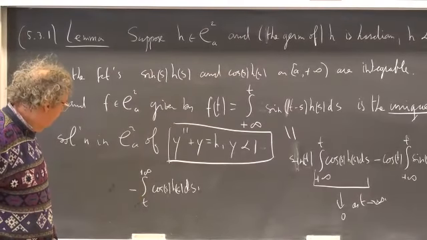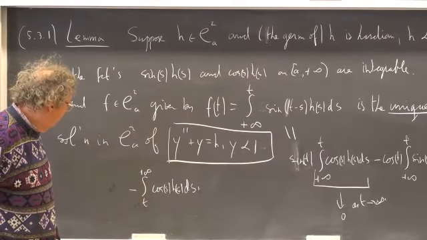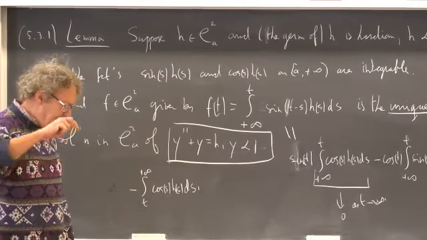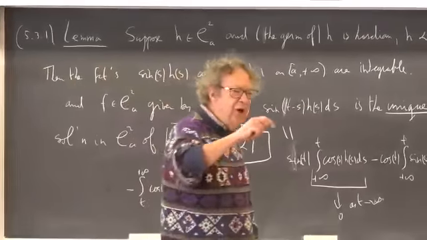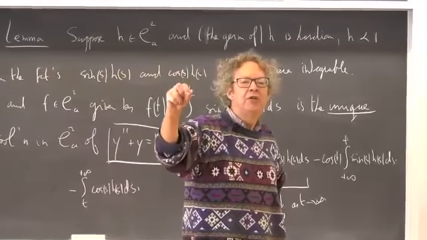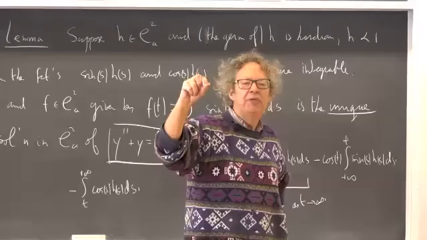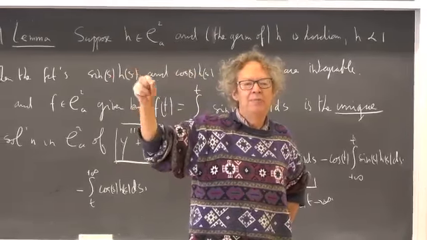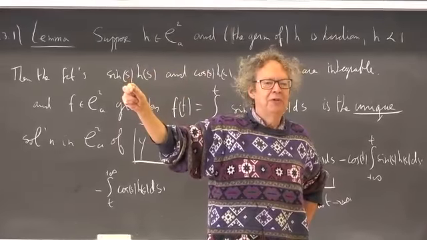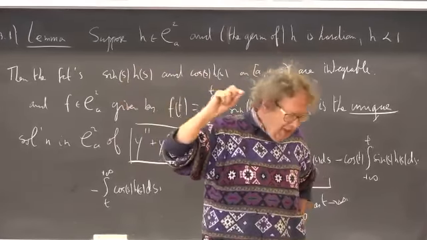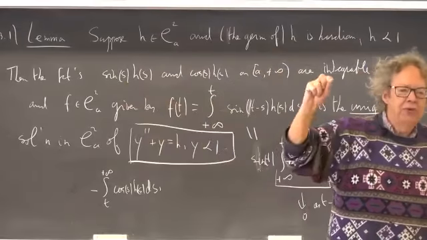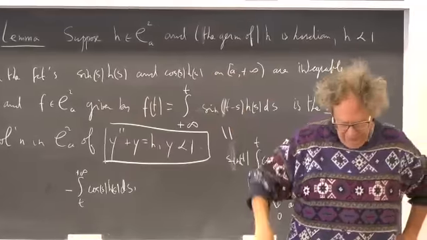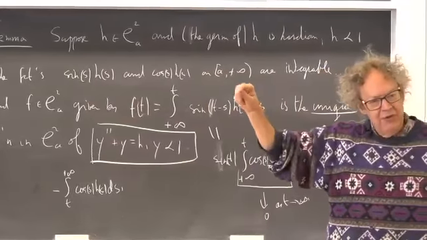let me see, how shall I explain that? If a sequence goes to some limit, then by the Cauchy criterion, the differences go to 0.